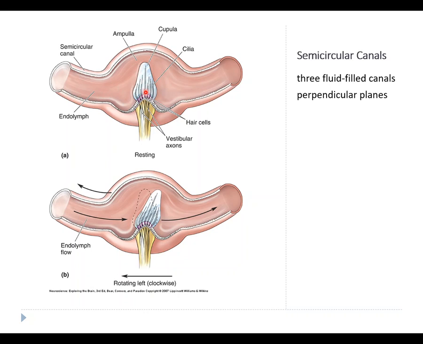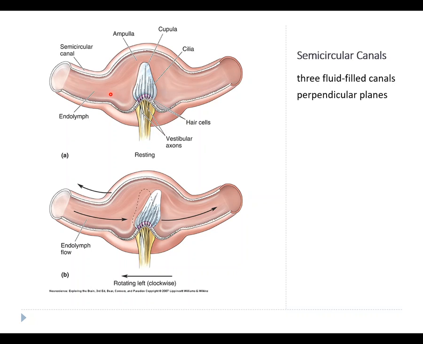And again, the hair cells have cilia that are embedded in a gelatinous cap, except this time, instead of being a flat surface like in the otolith organs, the gelatinous cap forms a little mushroom shape. And same thing, deflection of that cap, what here is called a cupula, in either direction will deflect the stereocilia of some of the hair cells, which will depolarize them and cause them to send a signal down these vestibular axons.